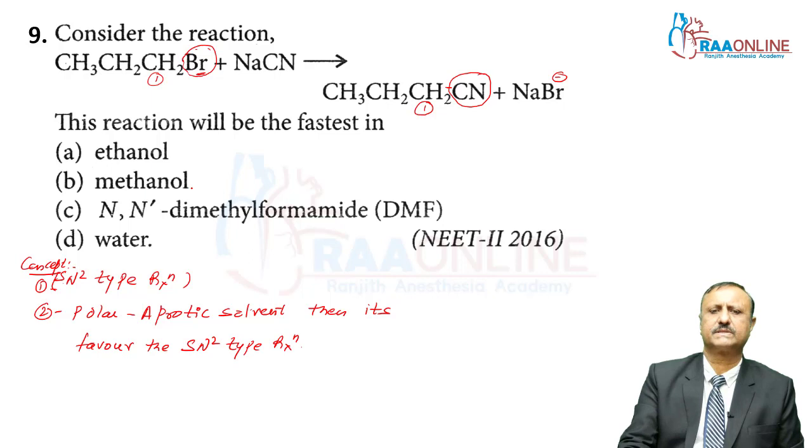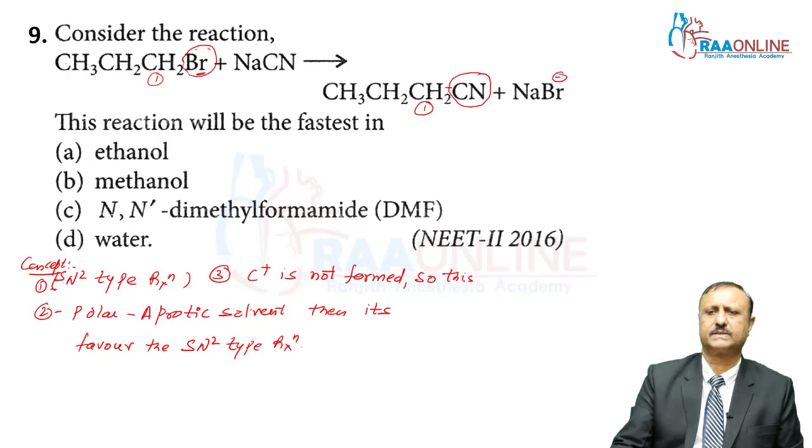And my dear students, here you can see it is an SN2 type reaction because carbocation is not formed. So this reaction is called an SN2 reaction. You know very well in haloalkanes and haloarenes, you can learn this SN2 reaction, my dear students. And in SN2 reaction, carbocation is not formed, only a transition state is present.